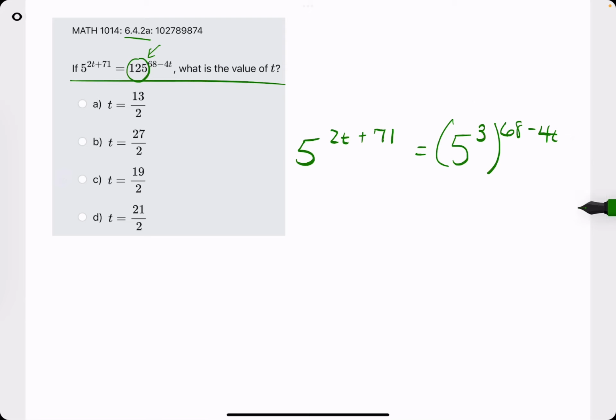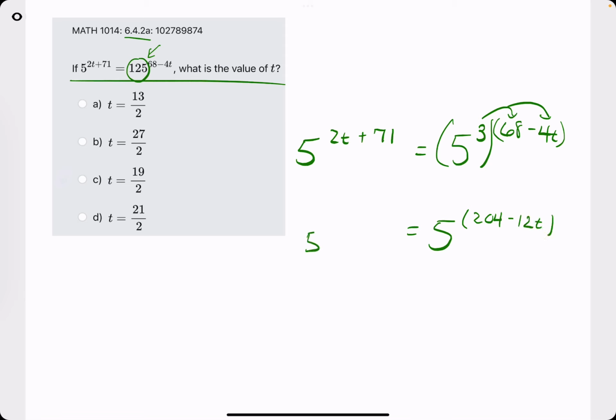Now we have to distribute this 3. We treat it as we're multiplying the 3 times the 68 minus 4t. So we would get 5 to the 3 times 68. That's 180 plus 24. So that's 204, minus 3 times 4 is 12t.